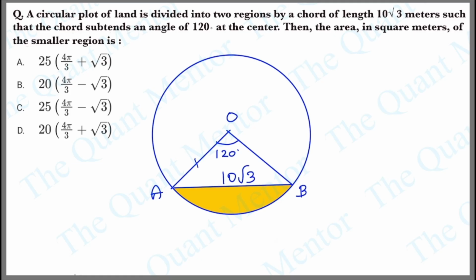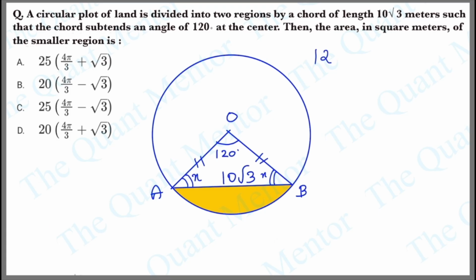So first things first, OA and OB are the radii of the same circle. That makes triangle OAB an isosceles triangle. That means the base angles are going to be equal. So angle OAB and angle OBA are going to be equal, and let's call them x degrees each. Now in triangle OAB, the sum of all the angles is 180 degrees.